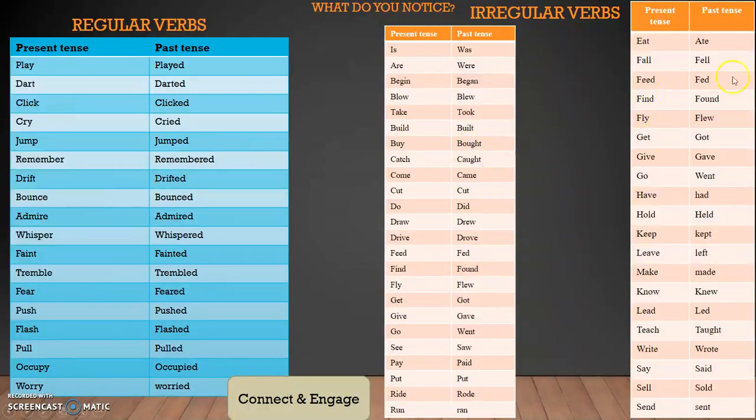Now let's take a look at irregular verbs. We'll just take a look at a few of them on either side.